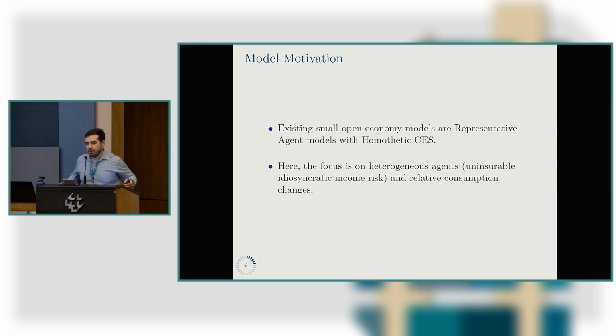And we also have strong evidence that homotheticity is a strong assumption, mainly because of the differences in expenditure shares across the income distribution. So here the focus is on household heterogeneity, uninsurable idiosyncratic income risk, and relative consumption changes.